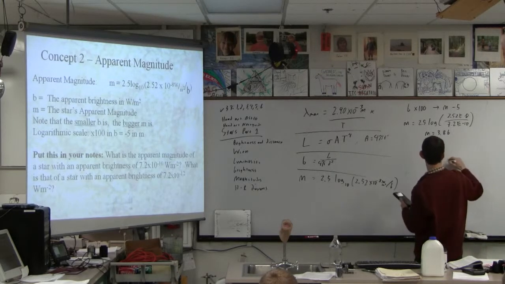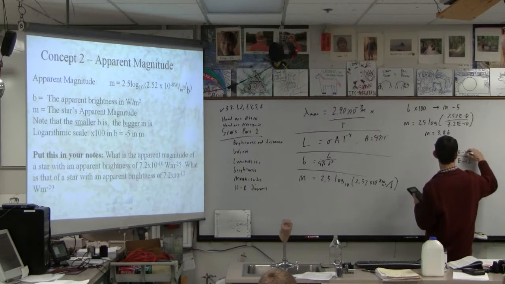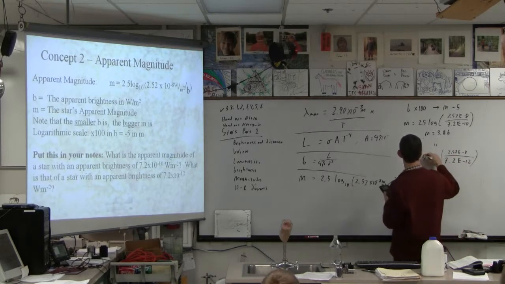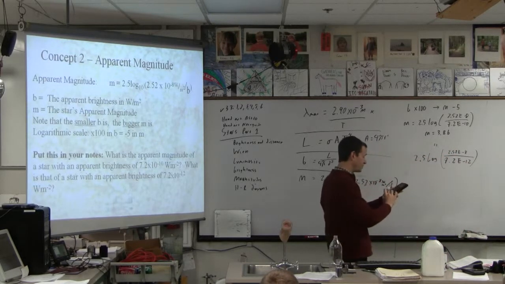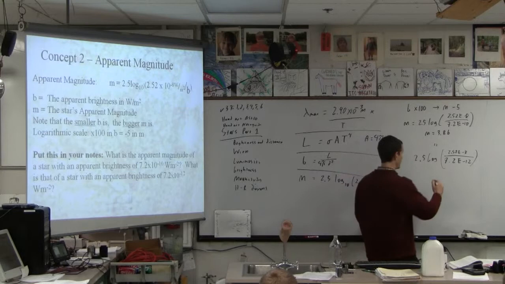Everything's the same, only this is 7.2 e to the minus 12th, right? So I'm just going to hit second entry, go back and put a 2 instead of a 0, and the answer is 8.86, right?